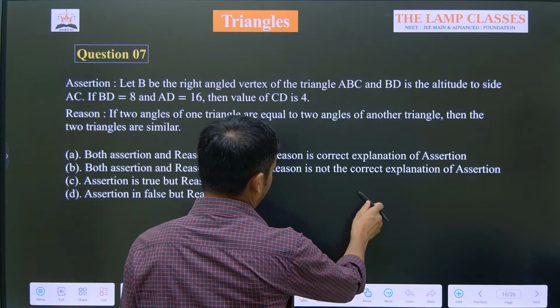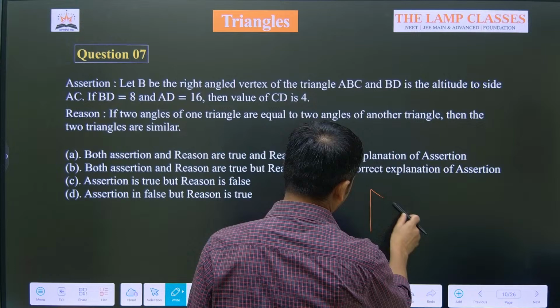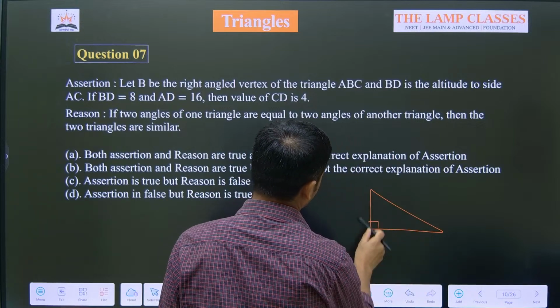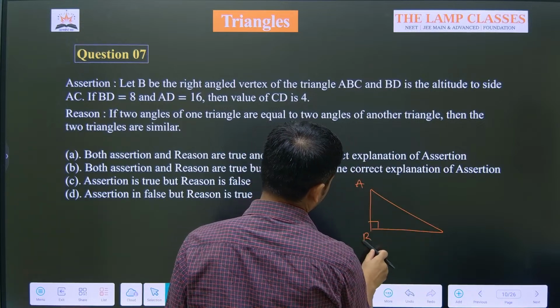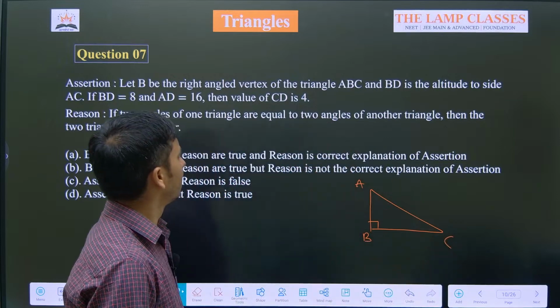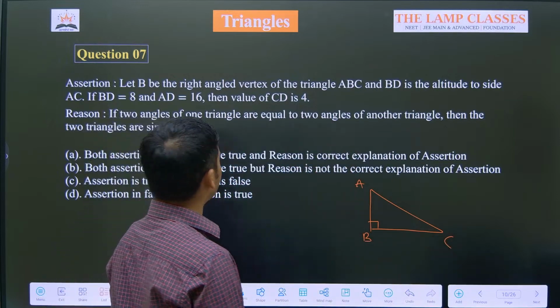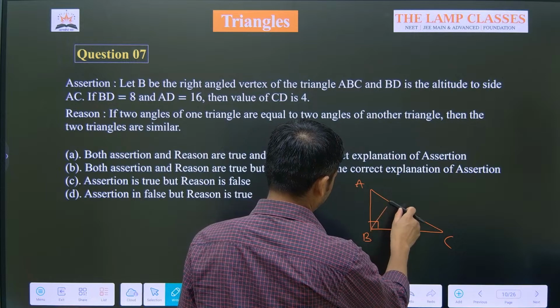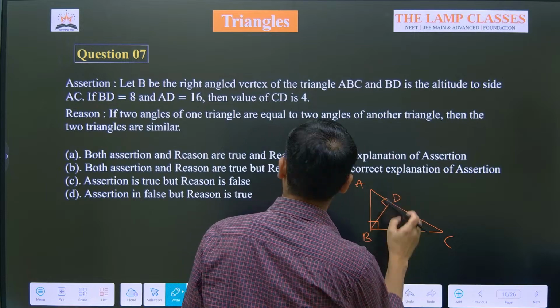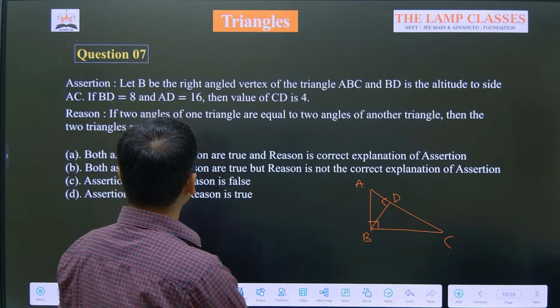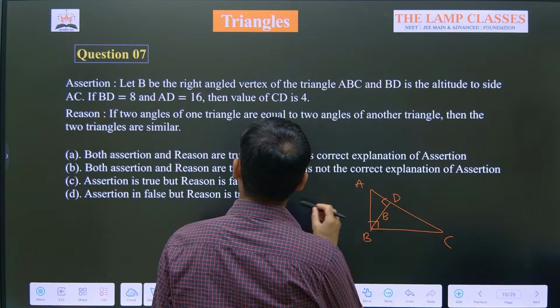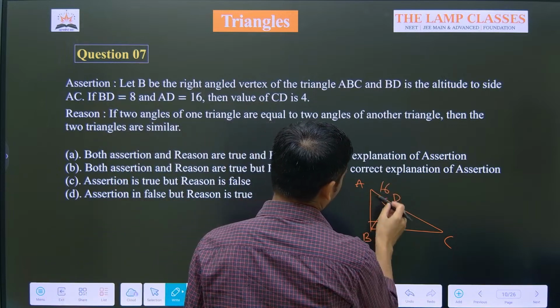Let B be the right angled vertex of a right angled triangle, and BD is the altitude to side AC. If BD is equal to 8 and AD is 16, then what will be the value of CD?